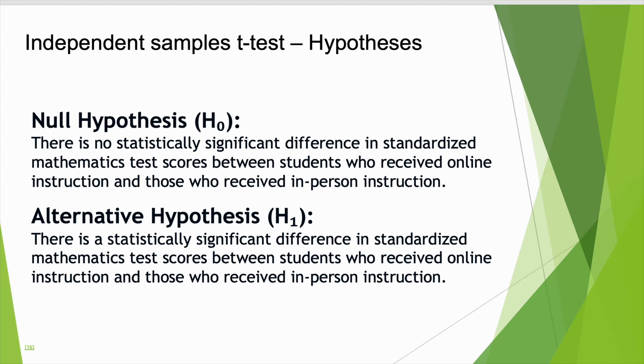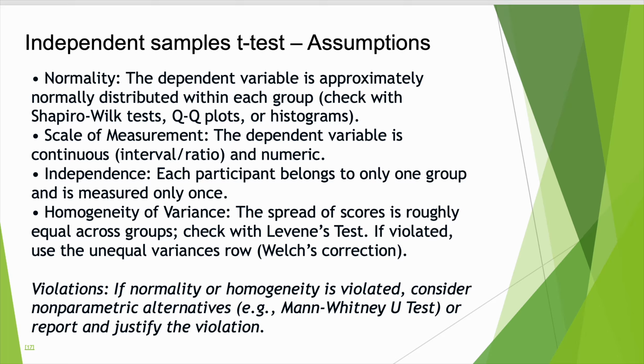And so our null hypothesis is always that no, there's no difference in the standardized test score between students who are online versus those in person. Our alternate is, yes, there is a statistically significant difference on that standardized math test for the students who get it online versus in person. Our assumptions are that that dependent variable, whatever that test is, is approximately normal.